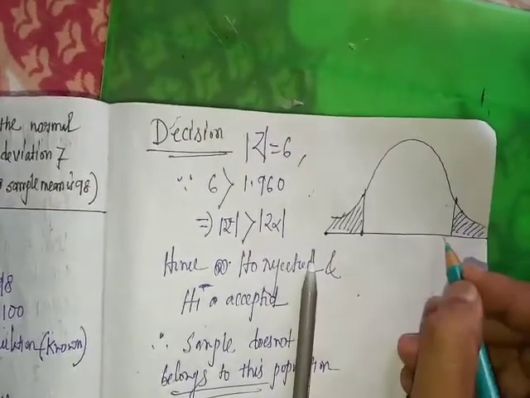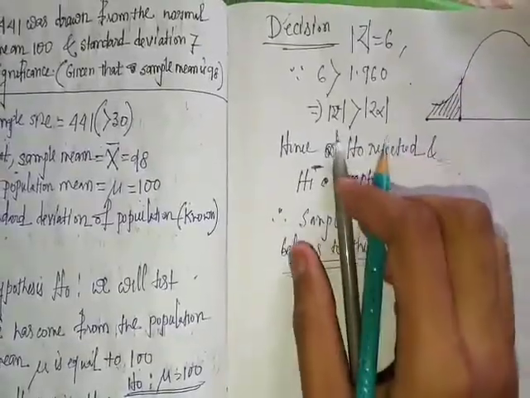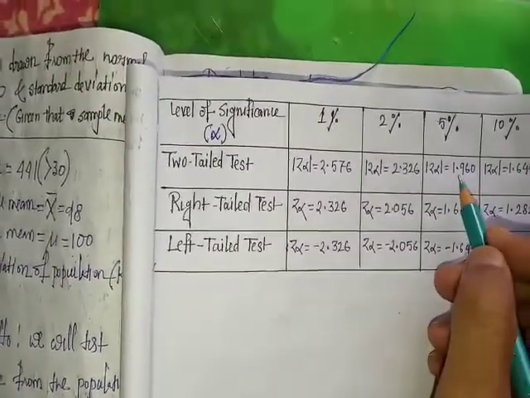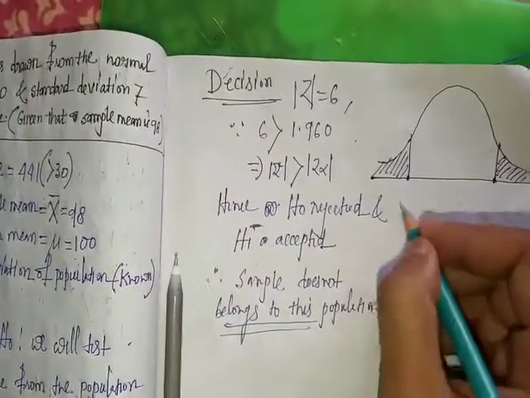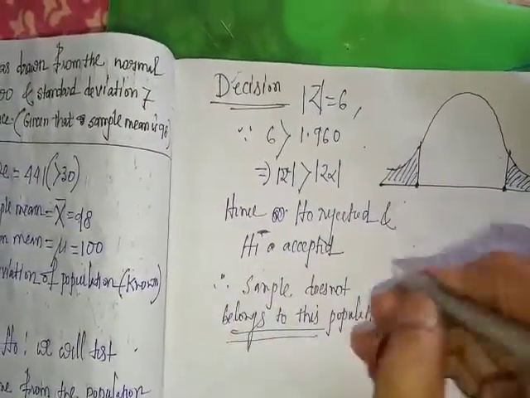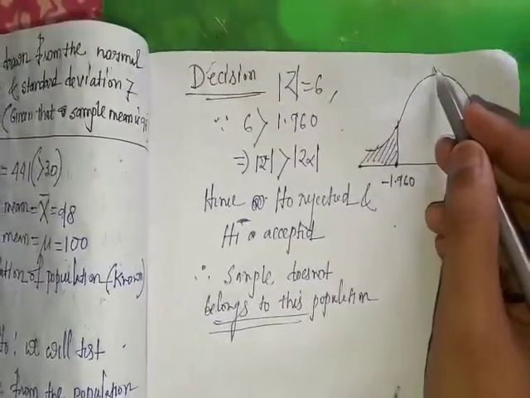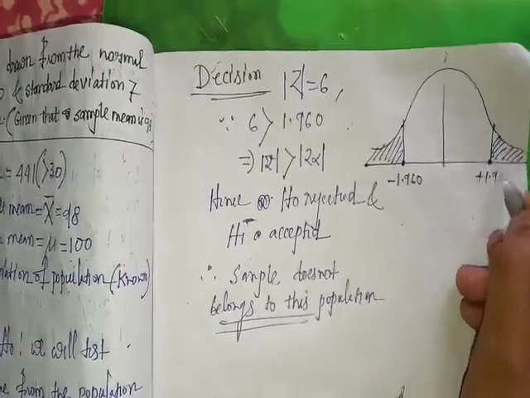This is the critical or tabulated value. The tabulated value for 5% level of significance for a two-tailed test is 1.960, so this is minus 1.960 and this is plus 1.960.